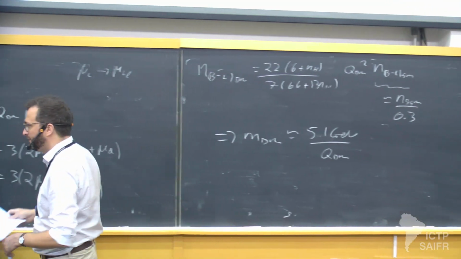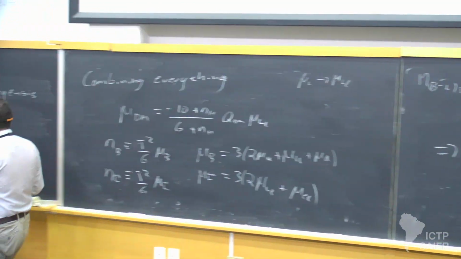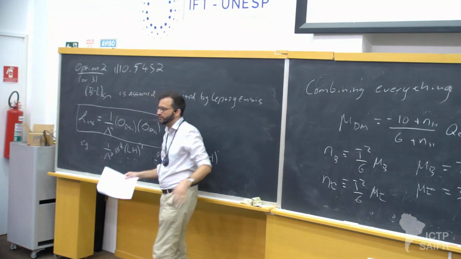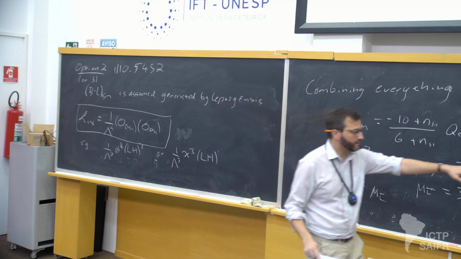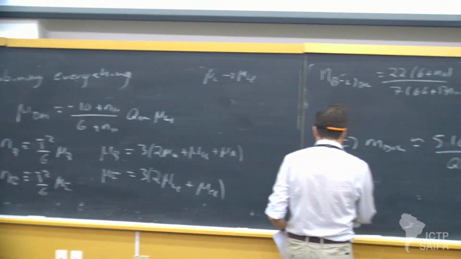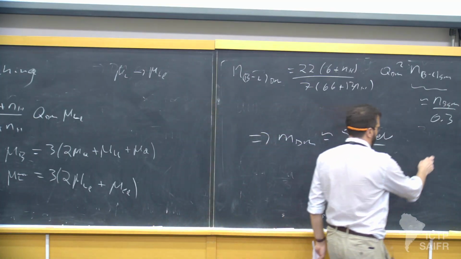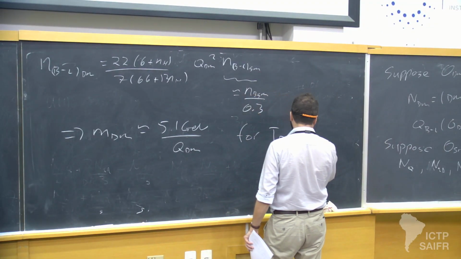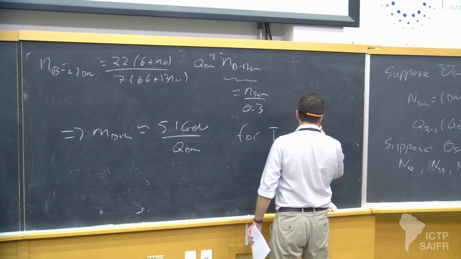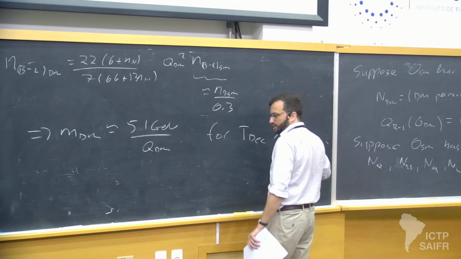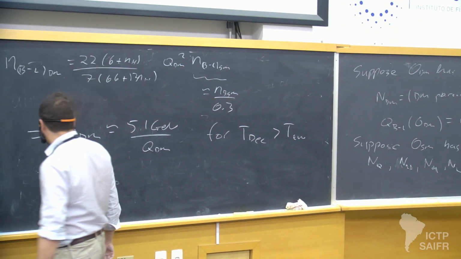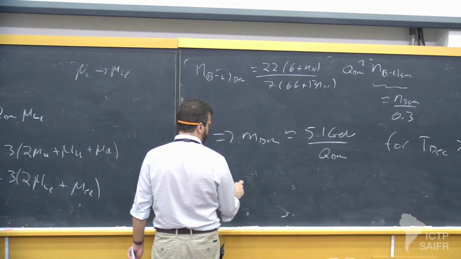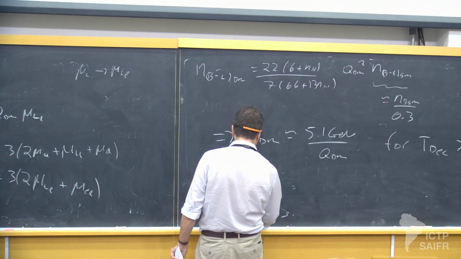And just with this generic assumption of a transfer operator, you find this relation. This is for when this operator decouples above T electroweak, 130 GeV or so, and if we use the sphaleron relation.